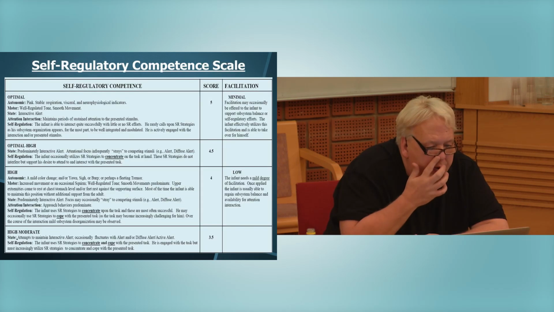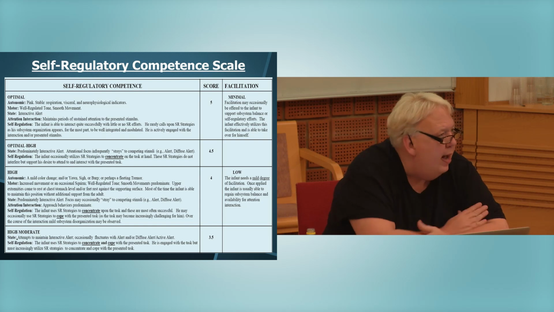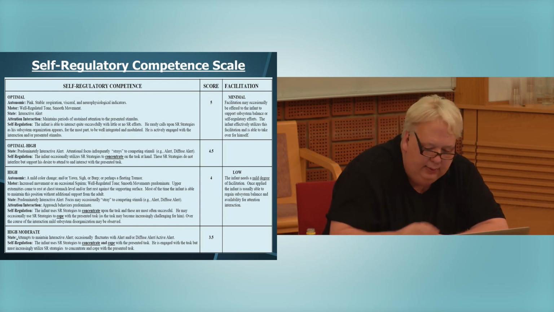This is a self-regulatory competence scale scored on a 1 to 5 point scale, looking at all the subsystems: the autonomic, the motor, the state, the attention interaction, and the self-regulatory competence of the child. We score this after the IBA has been conducted.